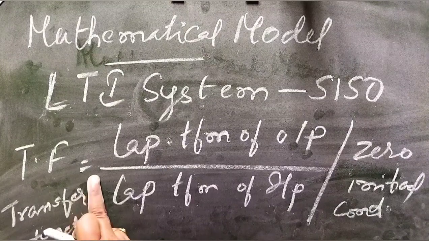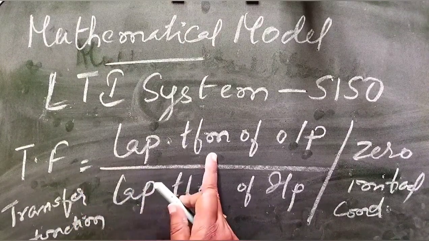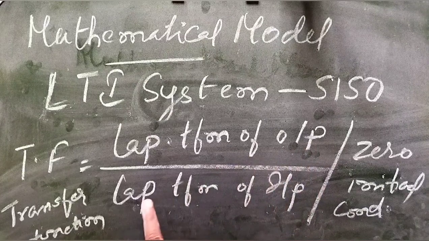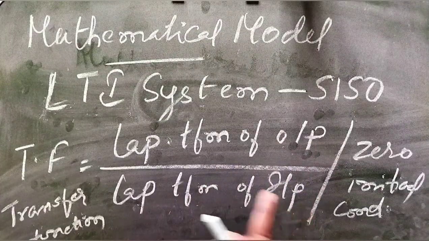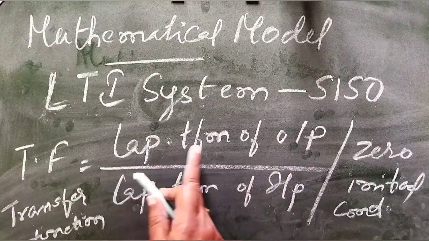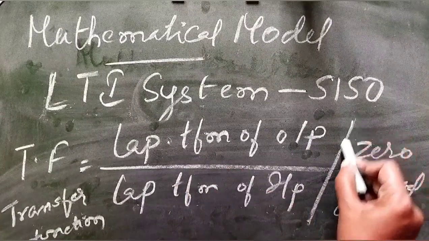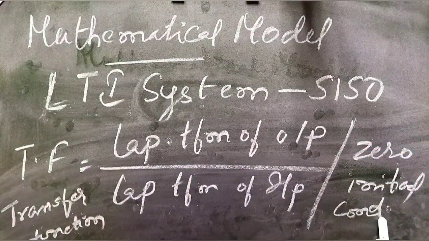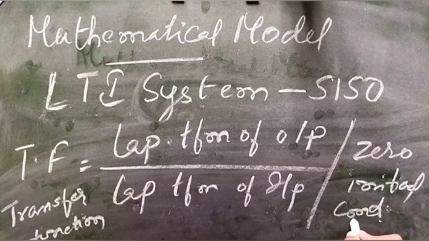That is equal to the Laplace transform of the output by the Laplace transform of the input. Just for convenience, I have written it like this. And that too with a condition called zero initial conditions. This initial condition would represent linearity of the system.